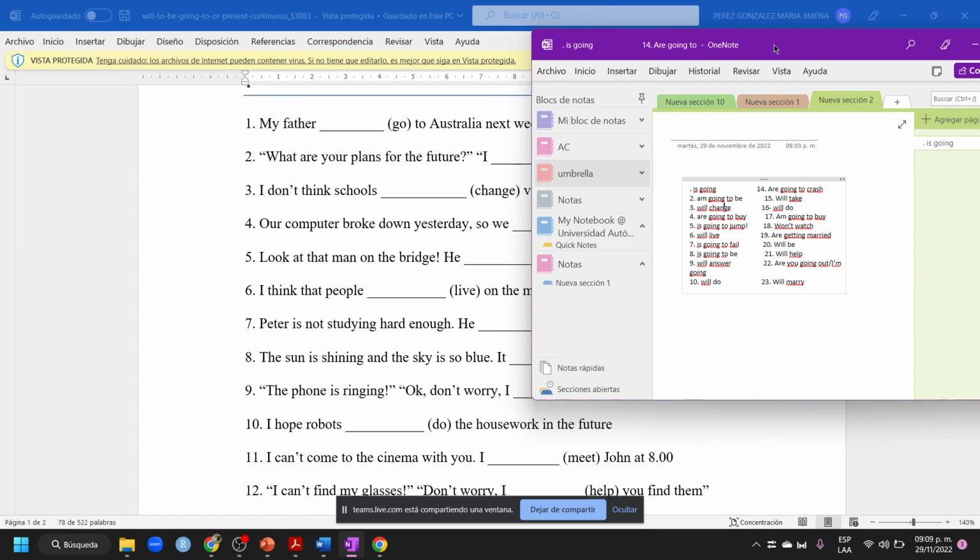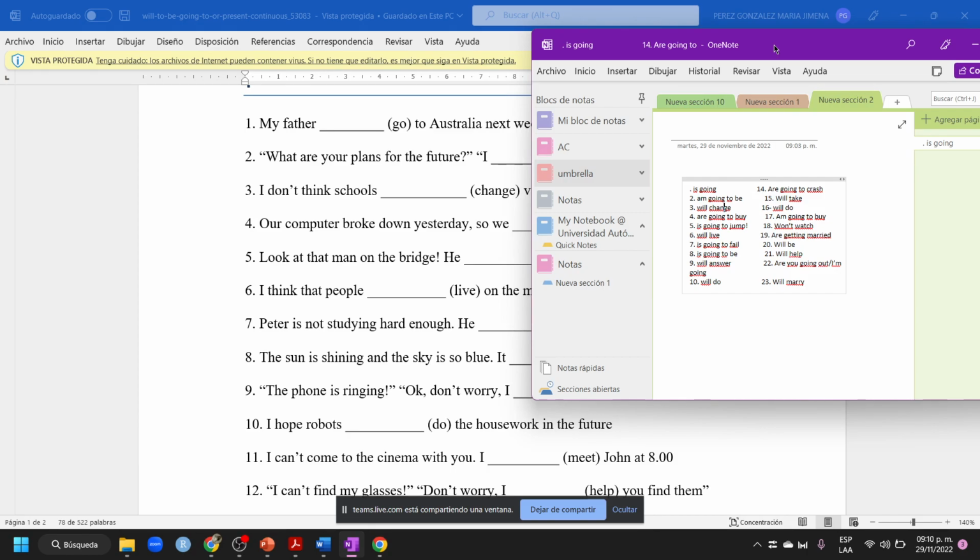Ok, en este caso es una predicción, pero es una predicción sin evidencia. ¿Qué tiempo verbal deberíamos usar? Will. Ajá, I hope the robots will do the housework in the future. Ok, ¿qué sería housework? Sería como el quehacer, los trabajos de casa, los deberes de casa, exactly.